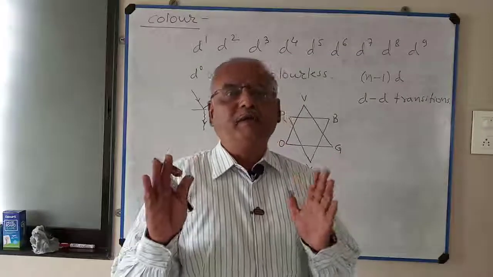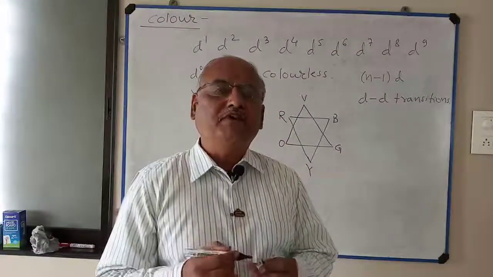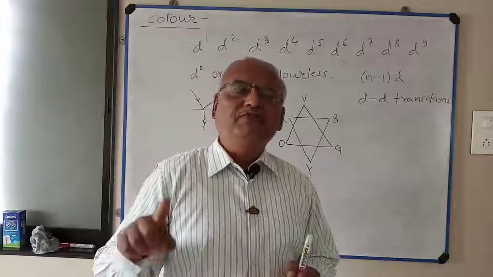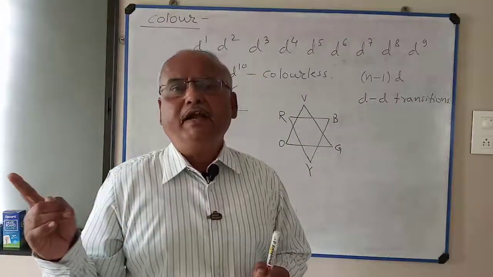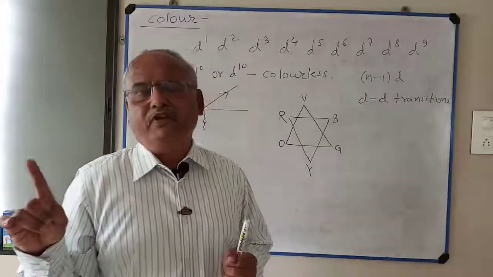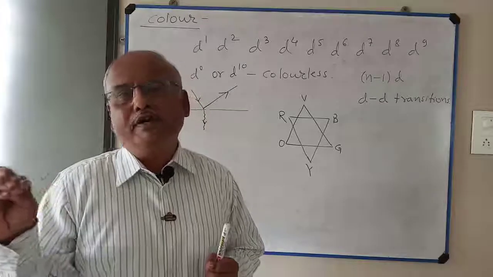So the color depends upon the number of unpaired electrons present in the d subshell. It also depends upon the d-d type of transition and charge transfer. It depends upon the nature of the ligand.